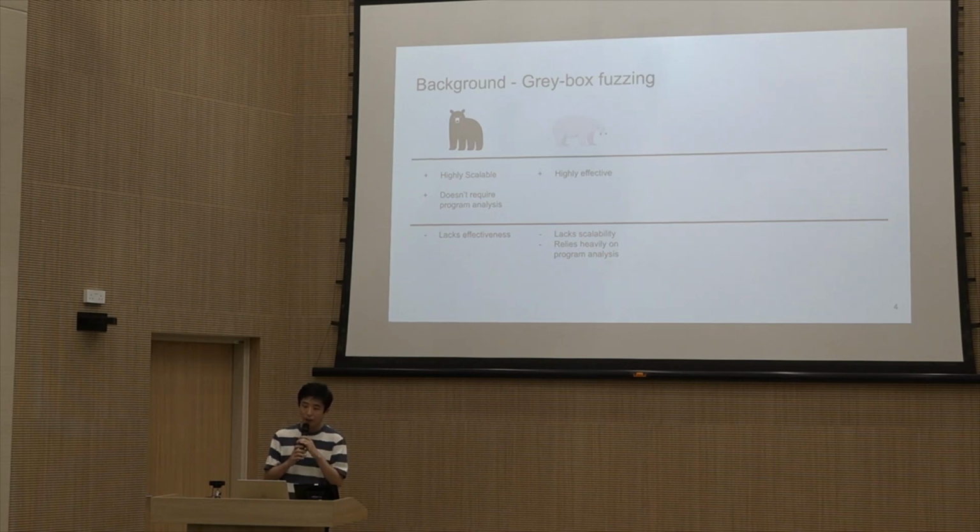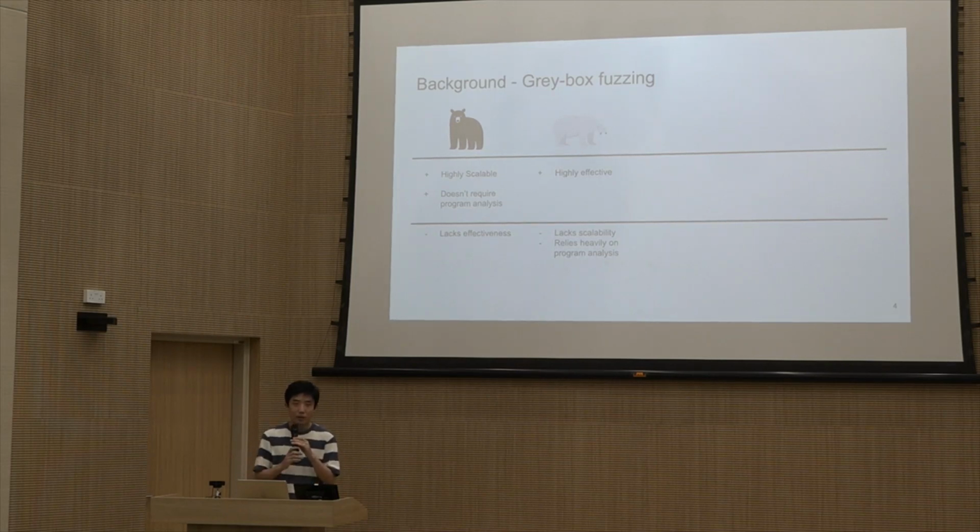It's highly effective, but it lacks scalability, because if we run white box testing on a very big program, we will run into trouble because there are too many program states for us to track.